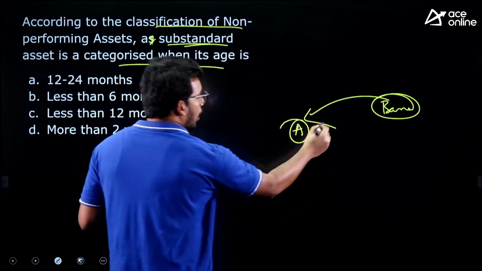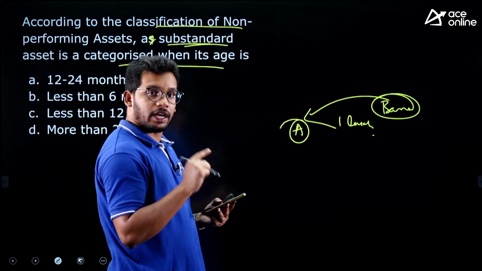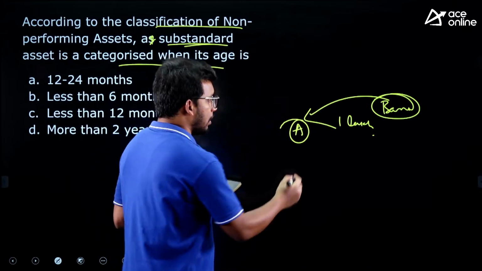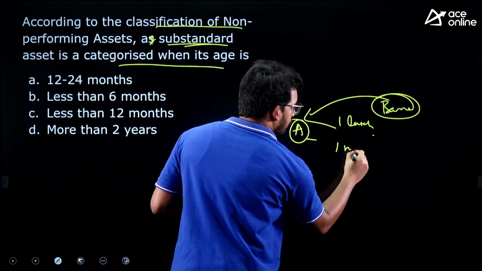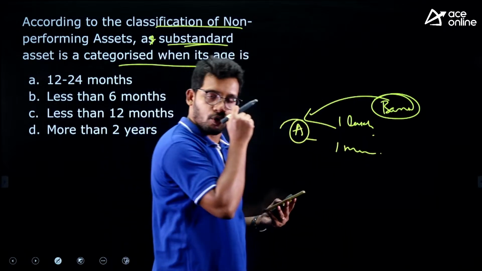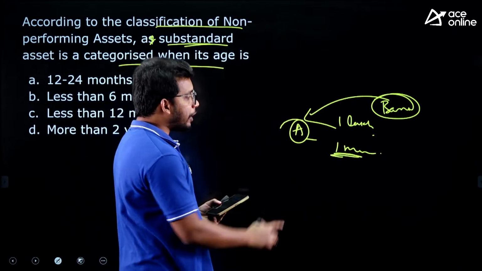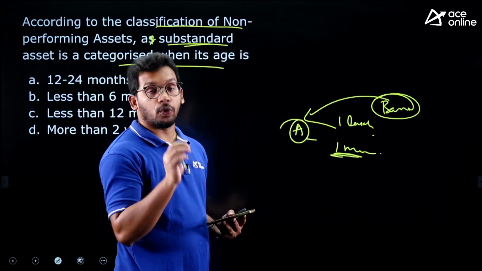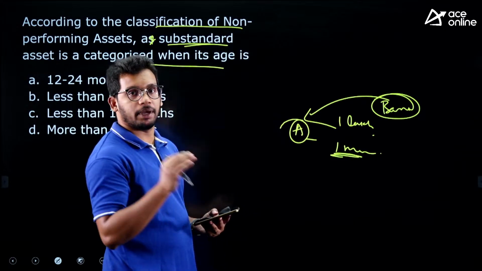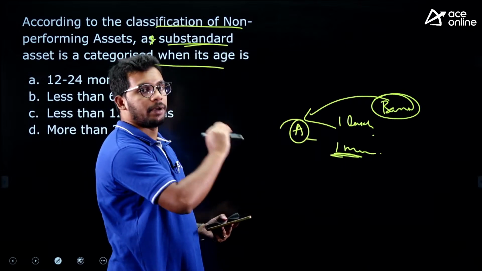As I took a loan of 1 lakh rupees, I have to pay the interest as well as some amount every month. For example, a house loan: I have taken a 1 lakh home loan and I have to pay every month, right? If I don't pay this on time, it is called a non-performing asset.